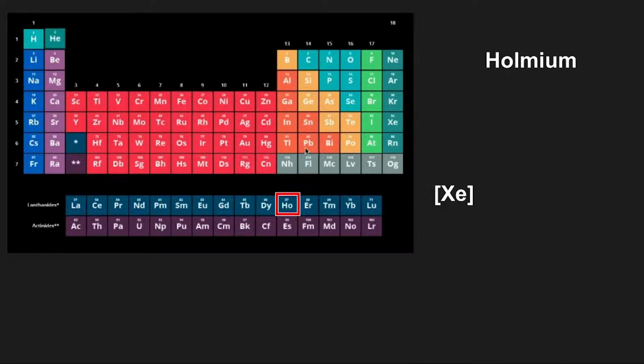So xenon first. And then we do the next electrons, which would be 6s2. Now after that, it's going to get different. Instead of being 6f, we're going to have 4f. This is just like the d orbital situation we had before.